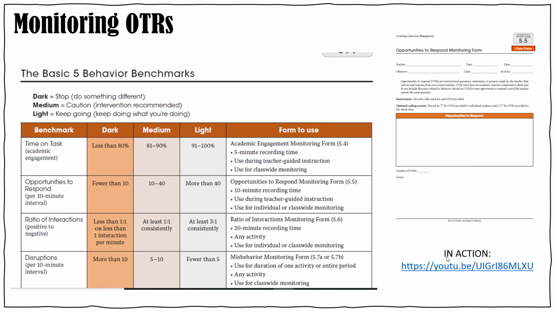And then you also want to monitor your opportunities to respond. And I'm actually going to talk about this a little bit more in Module 9 as well. So I wanted to kind of introduce it here and then also talk about it in Module 9. But with ABA, we always like behaviors that we can see.